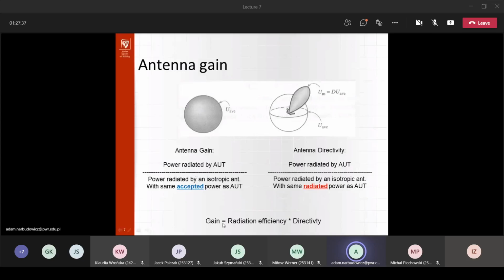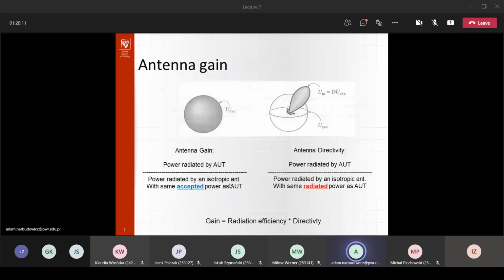The difference between the two is the so-called radiation efficiency, understood in the classical way from electronics. Radiation efficiency accounts for losses that occur in your antenna due to conducting, due to any sort of energy dissipation. If you have a lossless antenna, your efficiency is 100%, which means your directivity will be the same as gain.